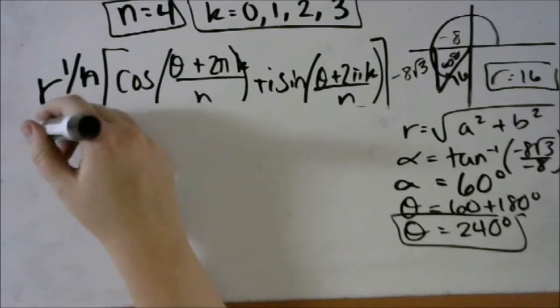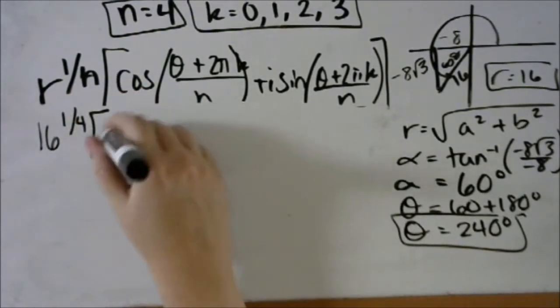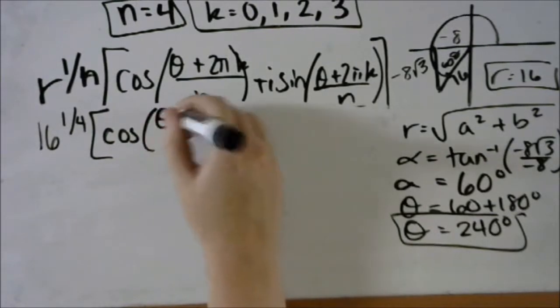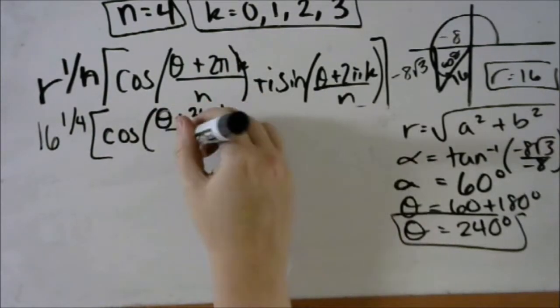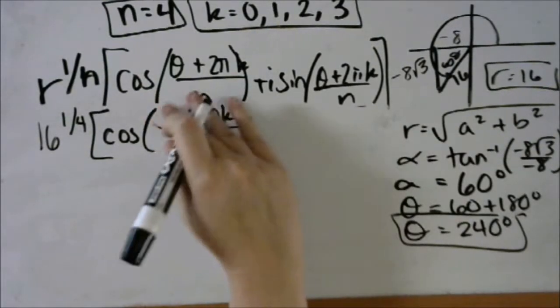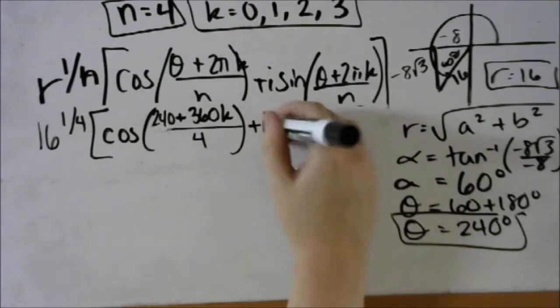So I'm going to start with R. R is 16, N is 4. Cosine of theta plus, switch 2 pi to degrees. Oh, and we can go ahead and substitute what we know theta to be, which is 240. And then do the same thing for sine.